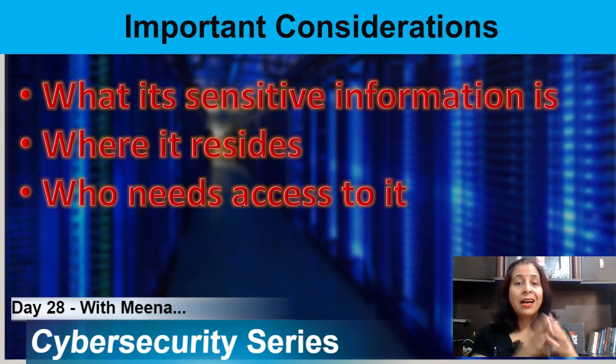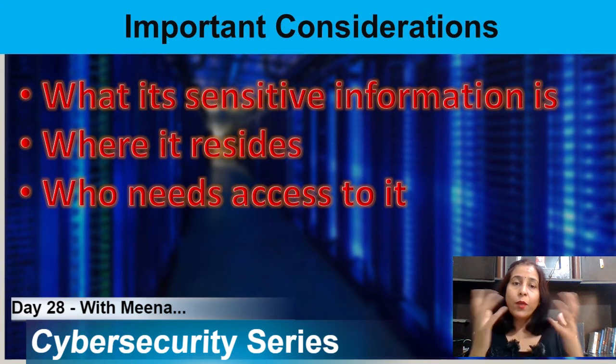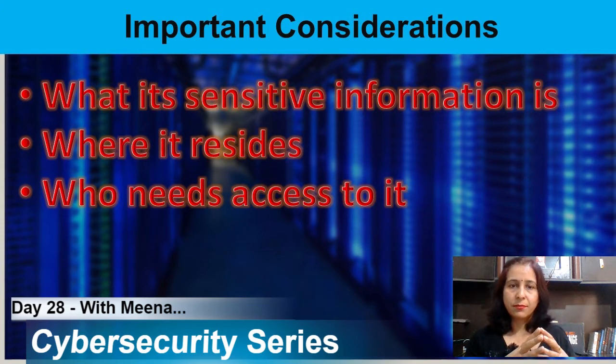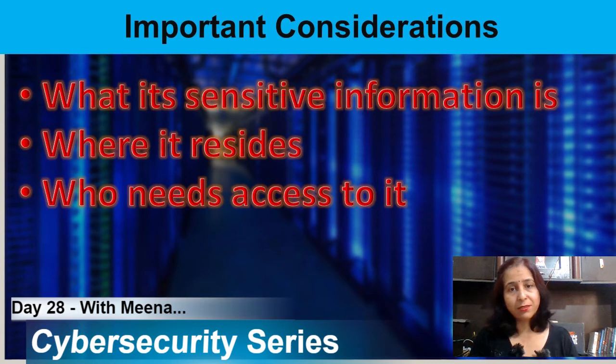After knowing which information is valuable and its sensitivity level, we need to know where it exists. As I told you, it can exist on site, on the cloud, or on removable devices. After identifying where it is, every piece of information cannot be available to everyone.